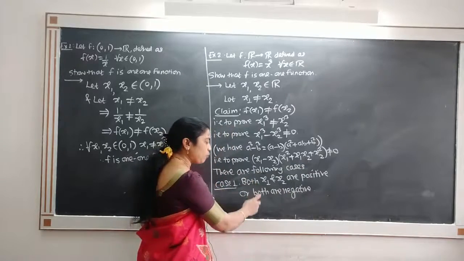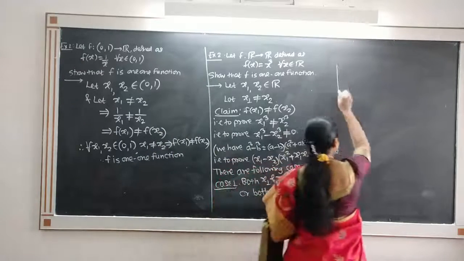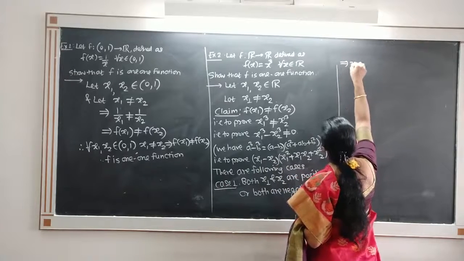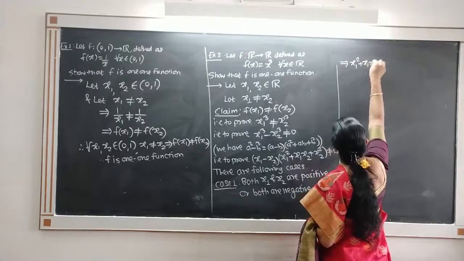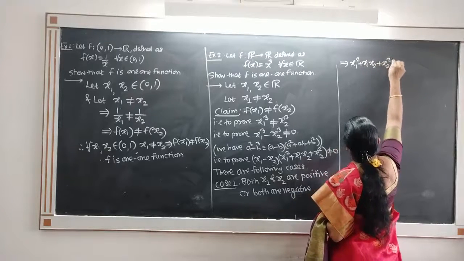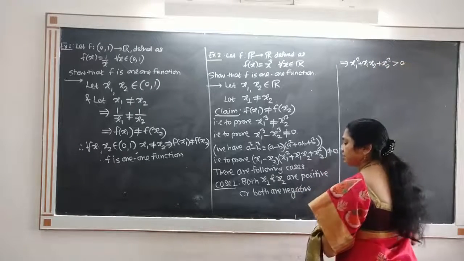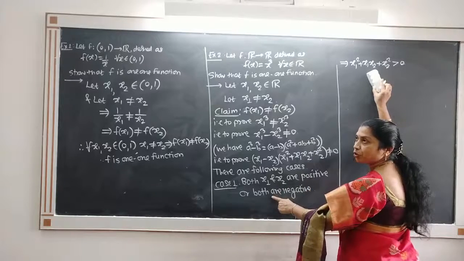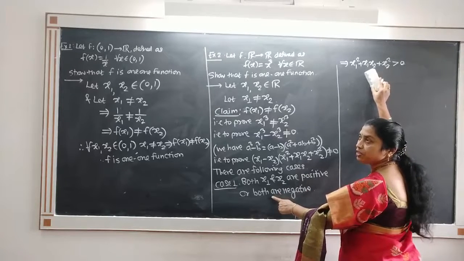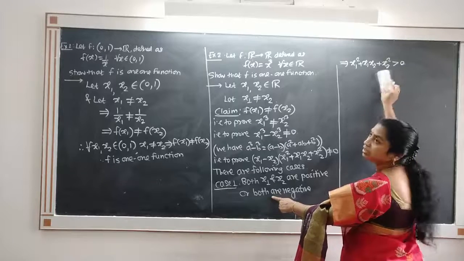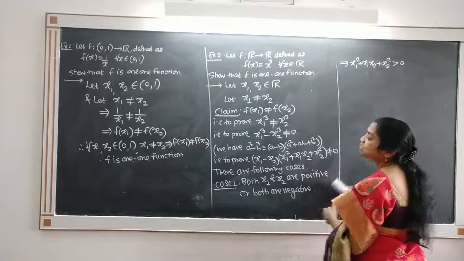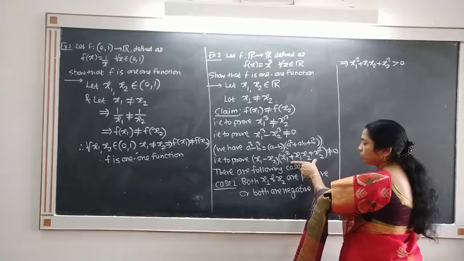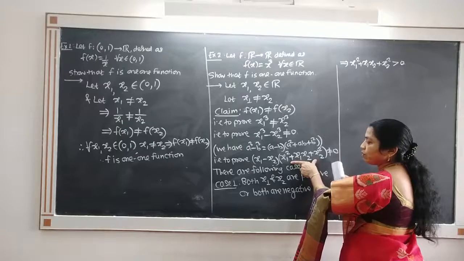So if both are positive or both are negative, in both the cases the term x1 square plus x1 x2 plus x2 square is always greater than 0, so it is not equal to 0.